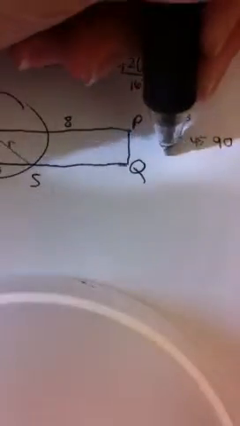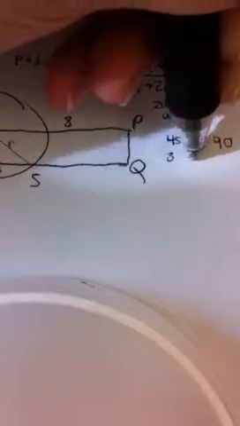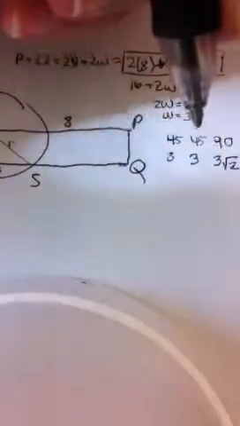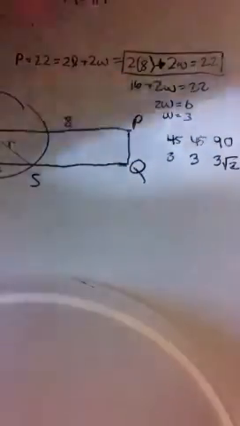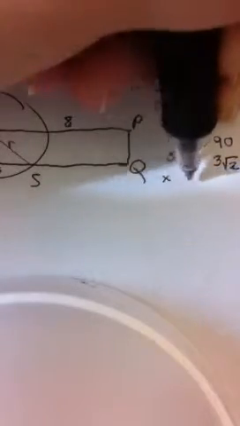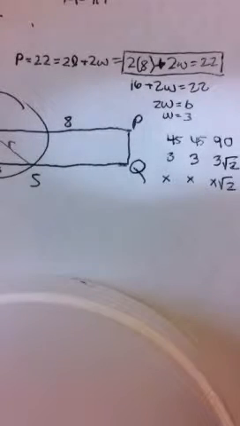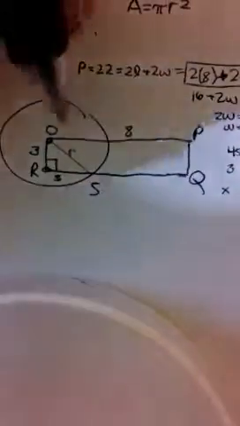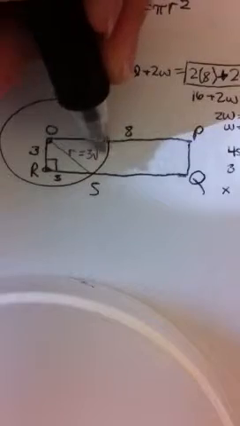Given that one side is 3 and the other side is 3, this hypotenuse must be 3 square root 2, because we're using the length proportions of x, x, and x square root of 2 for a 45-45-90-degree triangle. Okay, so we have the radius. The radius right here equals 3 square root of 2.